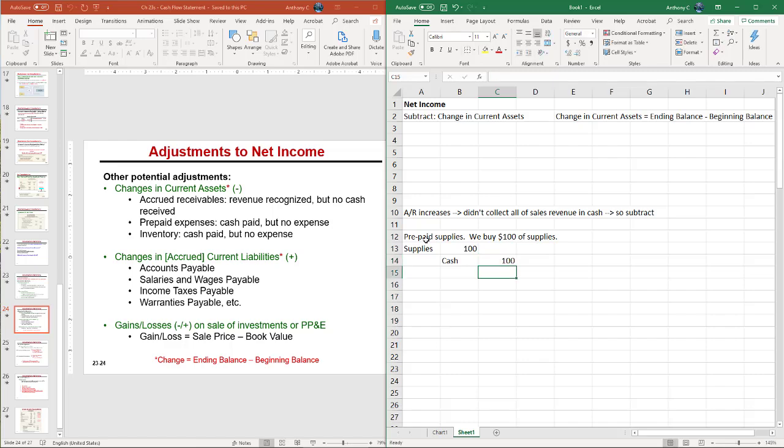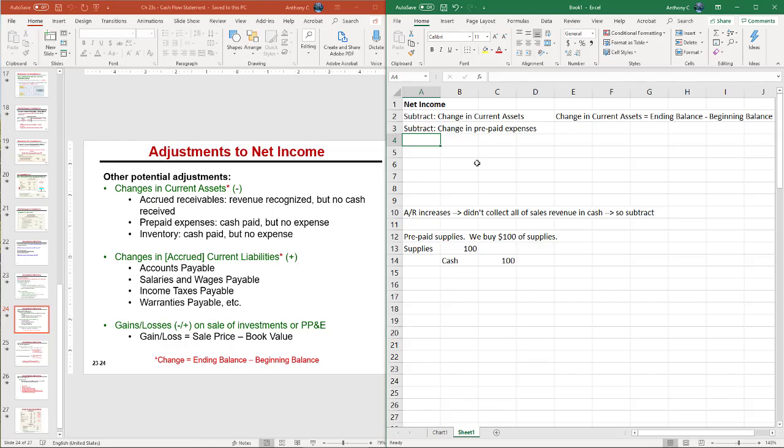Notice here we haven't yet recognized an expense, but we've definitely paid cash here. So if we see that our supplies go up, it probably means we spent cash on them. All right, so with the prepaid expense, we need to subtract out the change in our prepaid expenses.